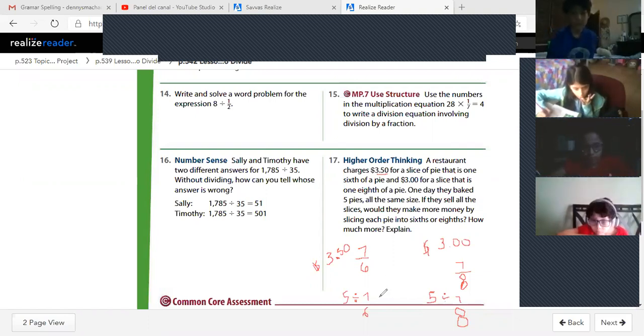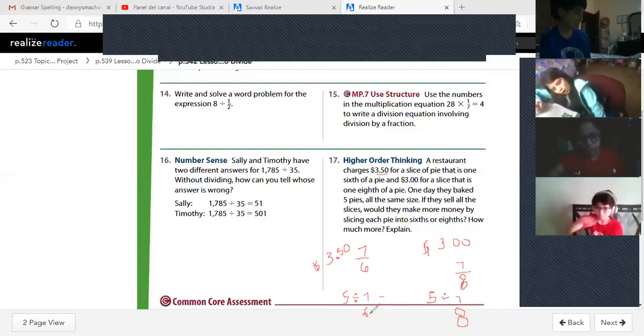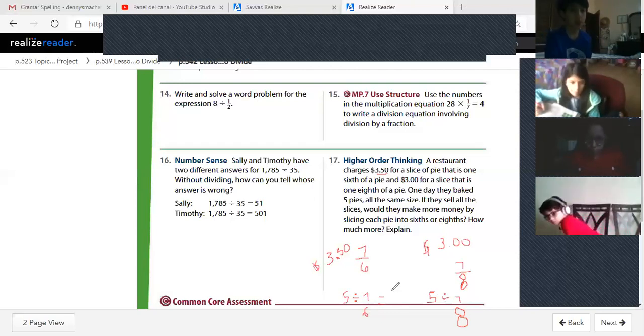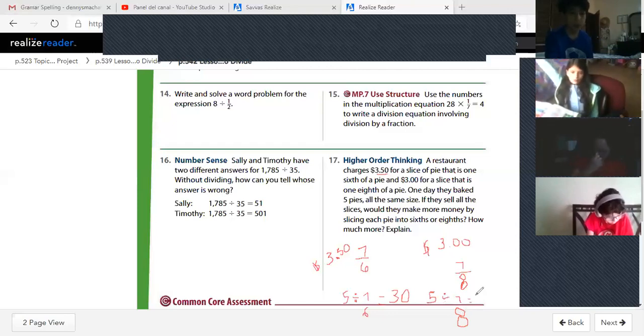Let's see. Where do they sell more slices? I think by 8. Okay. Why? Which is the answer of the first one? 30. It means that they sell 30 slices, right? And then 40 slices.